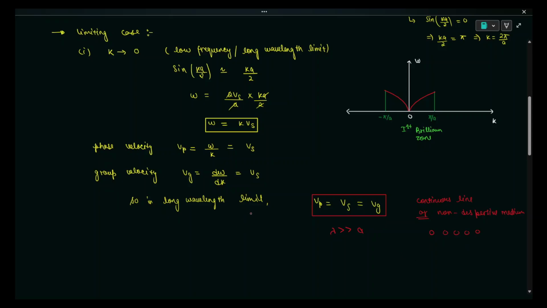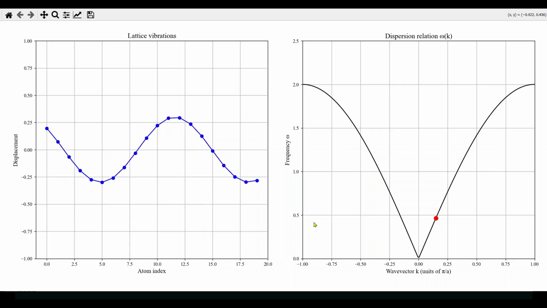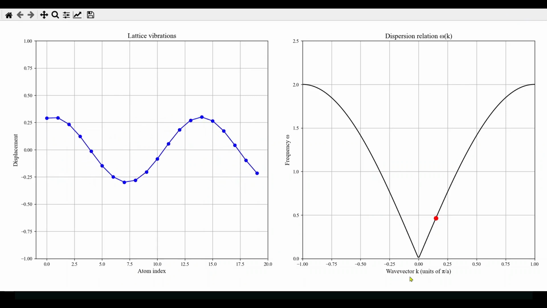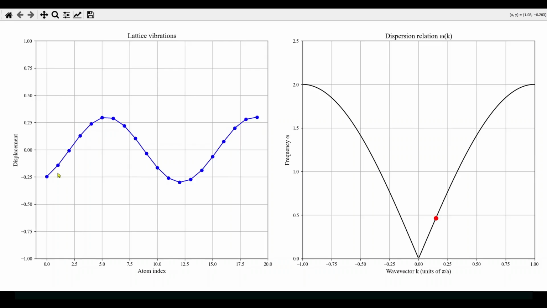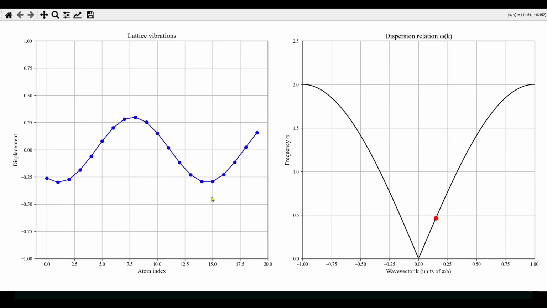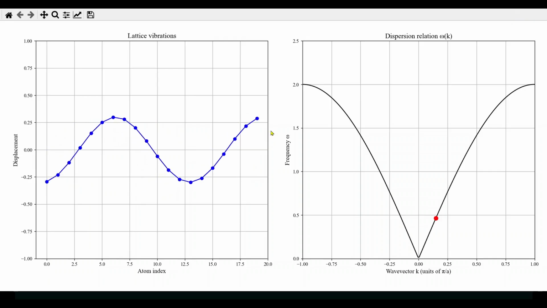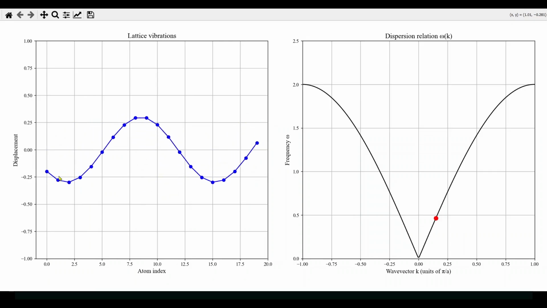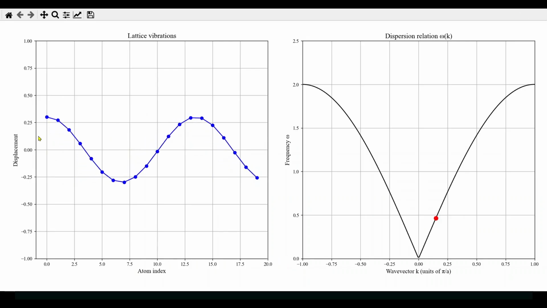Now let's see what is the behavior of the vibrations in this case. So here you can see the behavior of lattice vibration when the wave vector k is very low. In that case, this forms a continuous wave, right? And this is a wave which can transmit energy from one point of the lattice, so basically the 0th atom to the 20th atom, it can transmit energy.